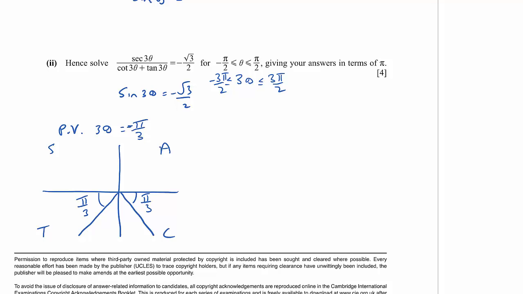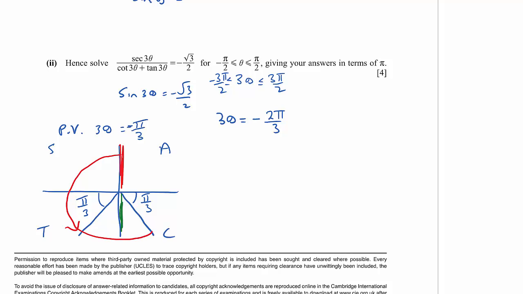Now we're solving from negative 3 pi by 2, which is around here, around to 3 pi by 2, which would be down there, but we've got to go around once to get there. So if we're going around here, we're going to get this one first. So that one is at negative 2 pi by 3.